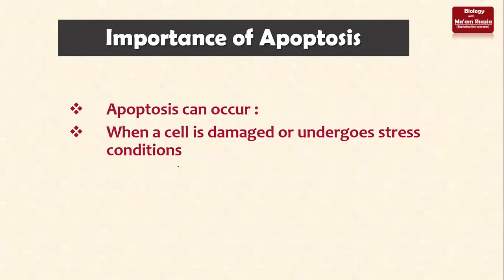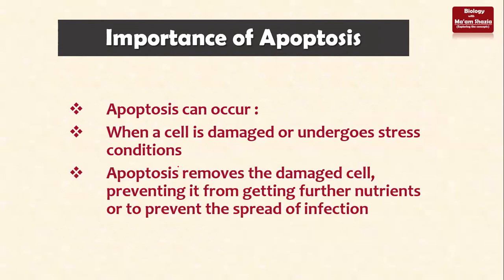Apoptosis removes the damaged cells, preventing them from getting further nutrients, or prevents the spread of infection, right? So this is beneficial, it is sequential, and it is helpful to the body. It is a safe disposal of the damaged and dead cells.